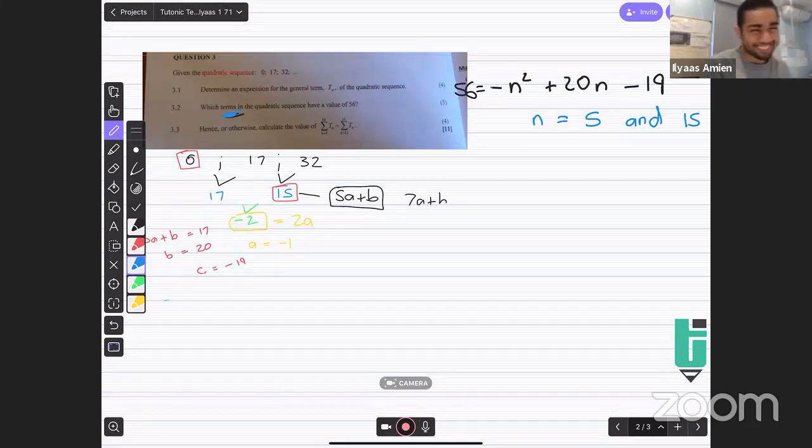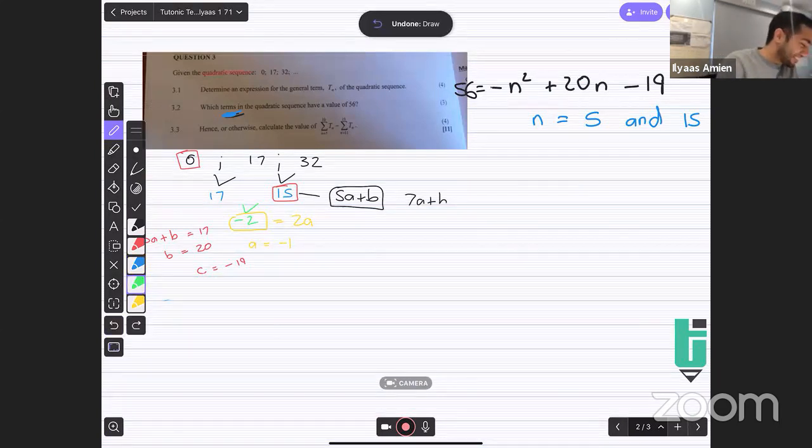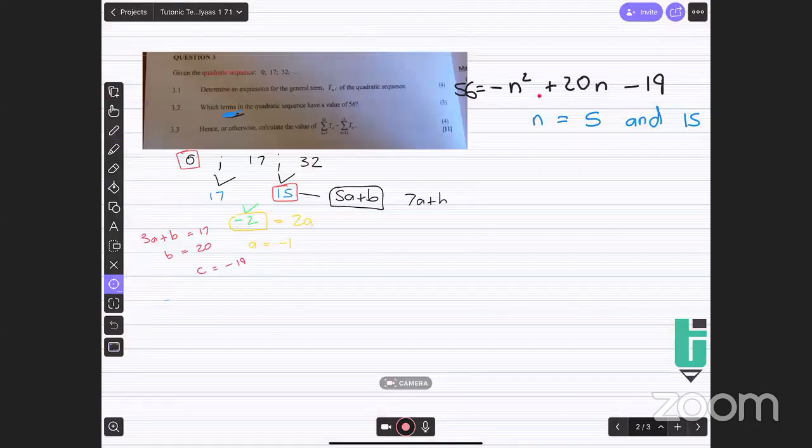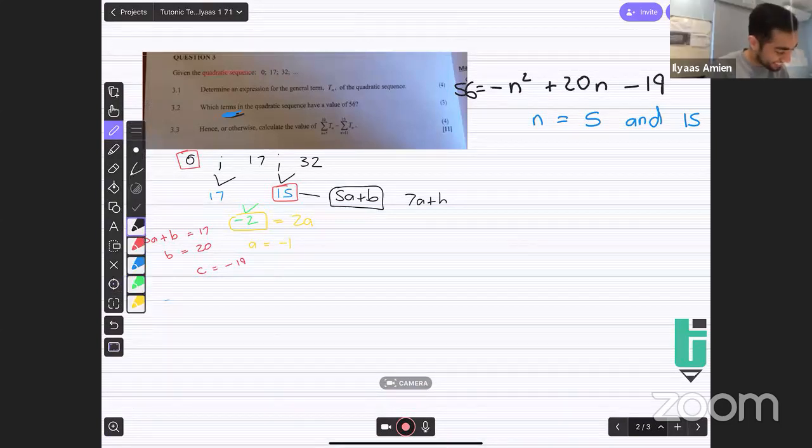Oh, sorry. I realized something now. Wow. Okay. What type of graph is this? A parabola. Yeah. What type? A frowning one. Great. You can see I'm not an artist.